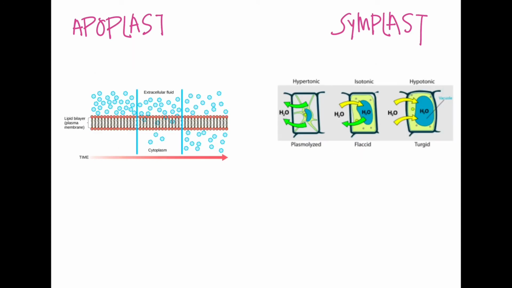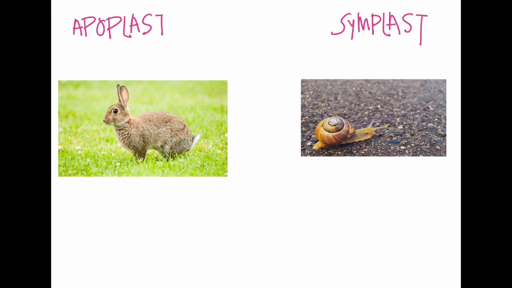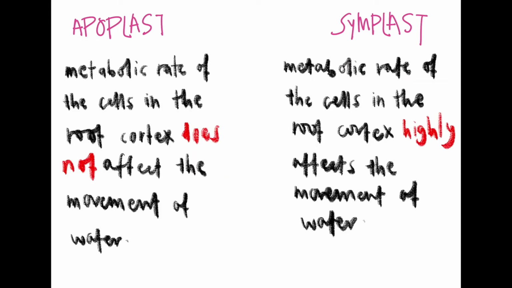Thirdly, water movement occurs by passive diffusion for apoplast and osmosis for symplast. For apoplast, water movement is rapid, and for symplast, water movement is much slower. Last but not least, metabolic rate of the cells in the root cortex does not affect the movement of water for apoplast and affects the movement of water for symplast.